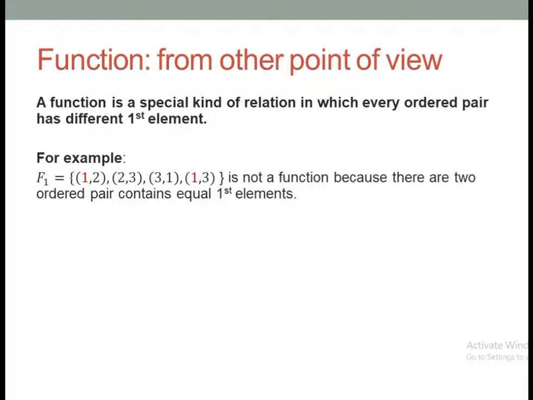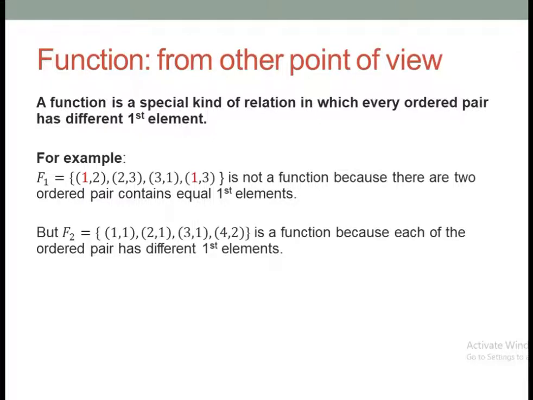It's not a function because there are two different ordered pairs having the same first element. But f2 is equal to {(1,1), (2,1), (3,1), (4,2)}. It's a function because each of the ordered pairs has a different first element.